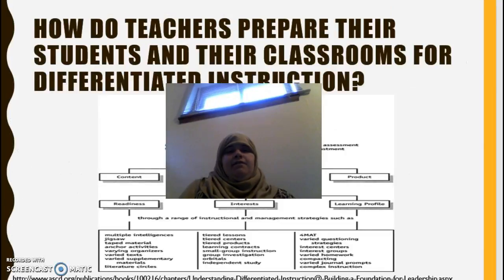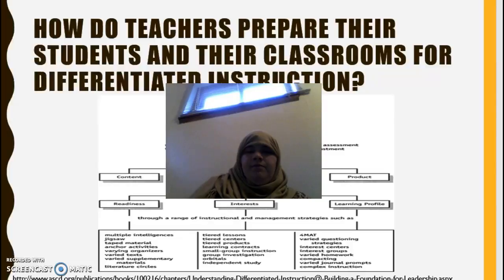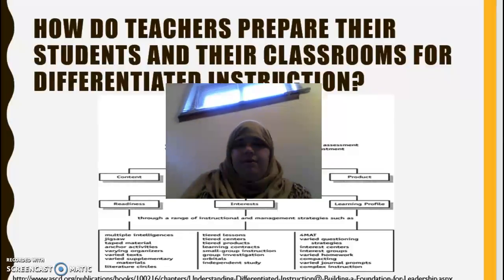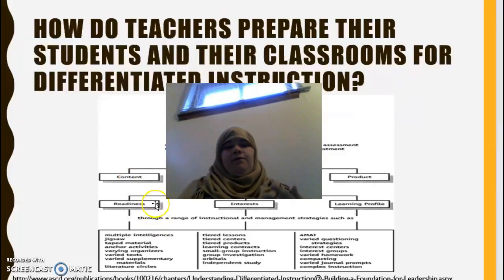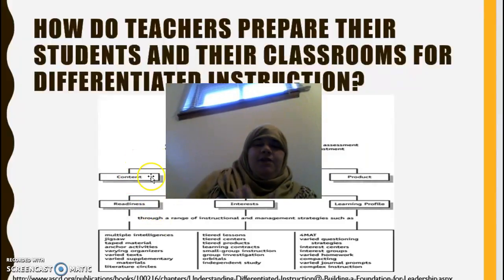The next slide: how do teachers prepare their students in their classroom for differentiated instruction? Basically, we are just learning more about the students themselves. Then we get into organizing them, whether they learn through content, process, or product, and then we understand their profile, their interests, their readiness.